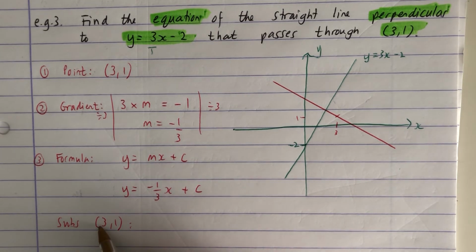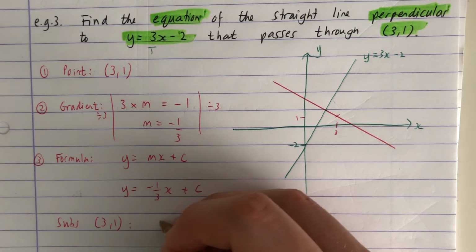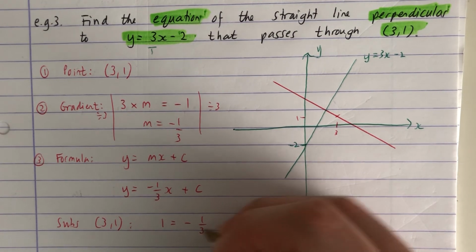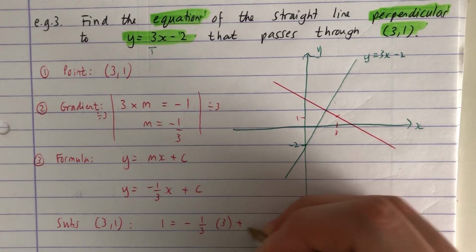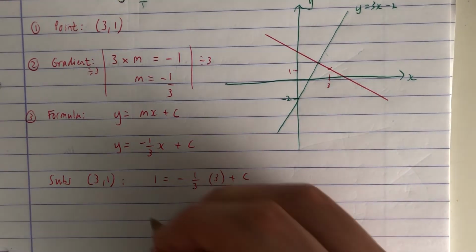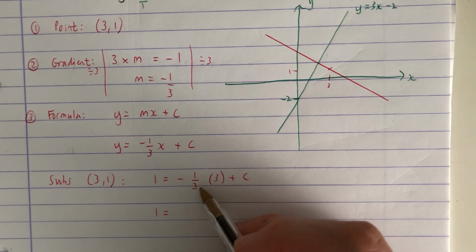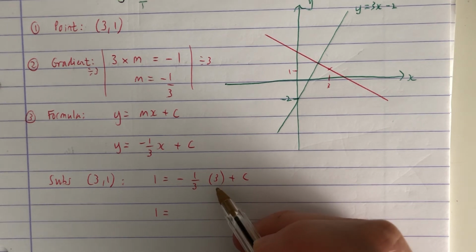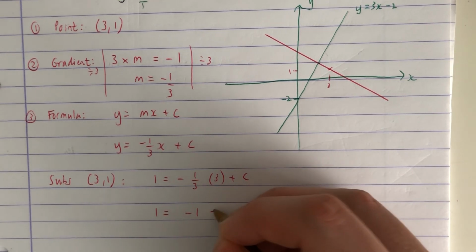Replace every single x value with 3 and every single y value with 1 to give you 1 equals -1/3 times 3 plus c. Okay, to simplify that, 1 is equal to -1/3 times 3, on a calculator, would give you -1 plus c.